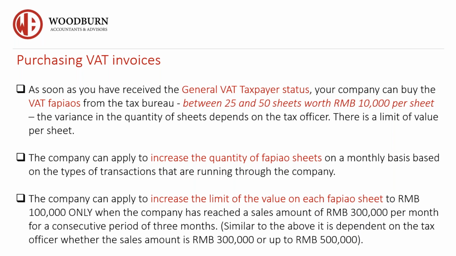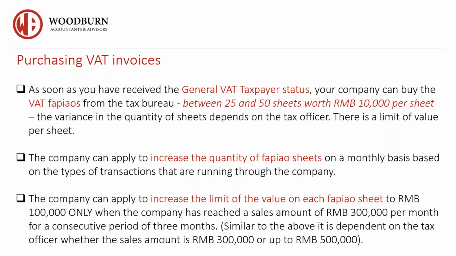In general, what happens? You go to your tax bureau, you have your first formal meeting. You need to be able to communicate with them about what type of transactions you are going to be doing and performing within your entity. You'll also have to talk about values, what kind of volume and value of business is going to be generated.